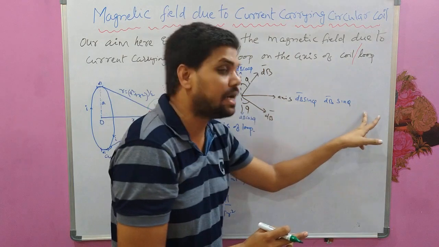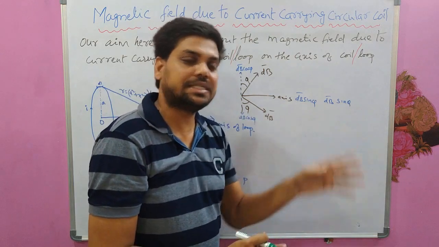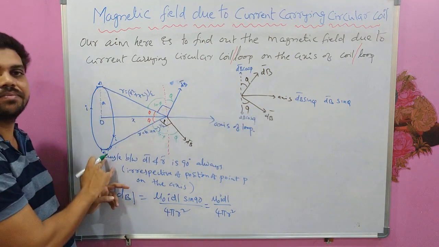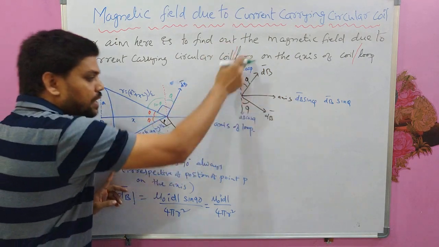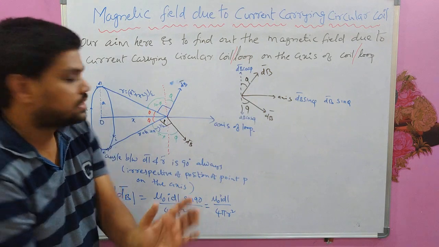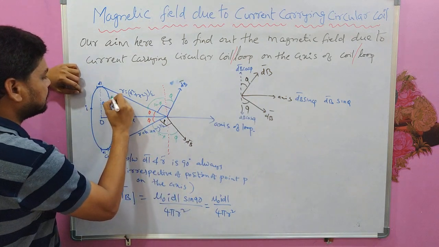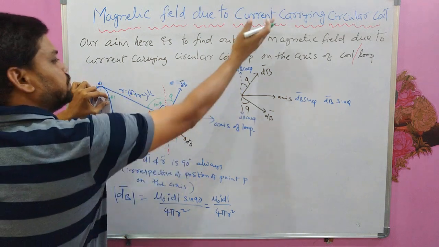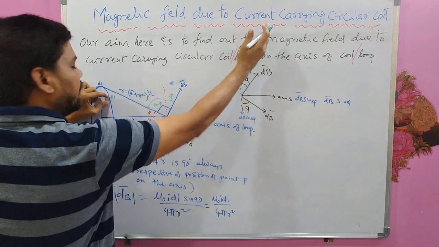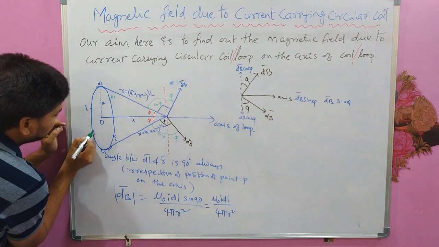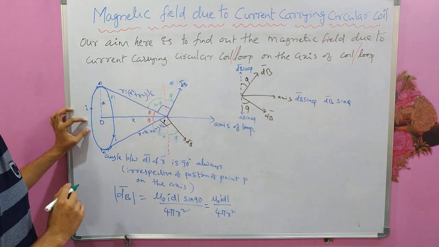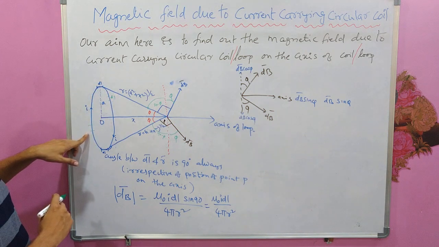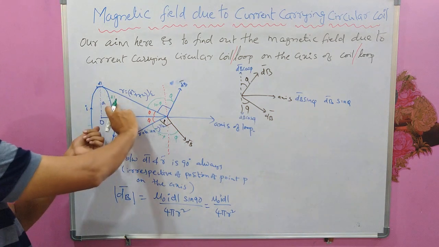But the dB sin phi components along the axis are not cancelling due to these two elements, while the dB cos phi's cancel each other. Similarly, if you take a dl here and the dB cos phi due to it, and exactly opposite another dl segment of the coil, again the dB cos phi will cancel.